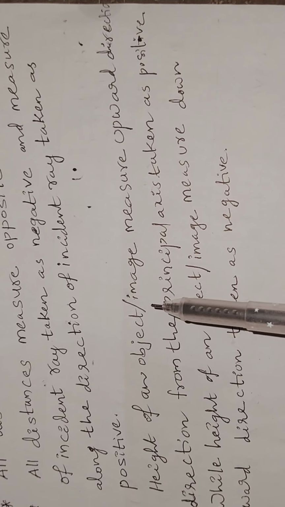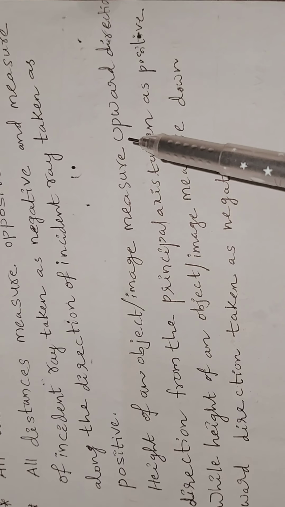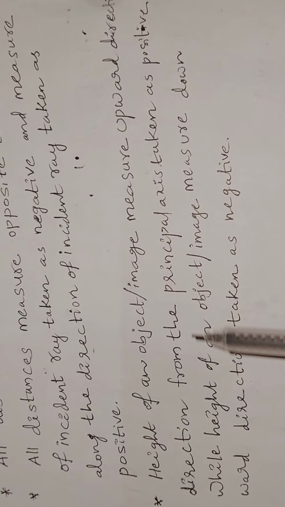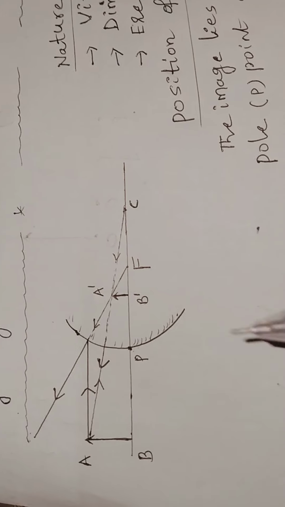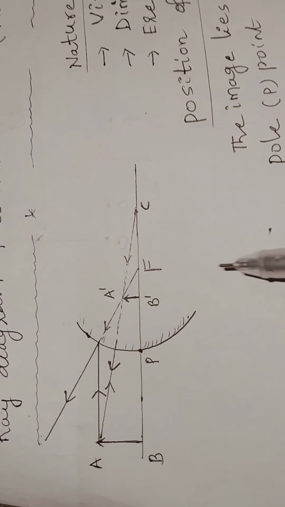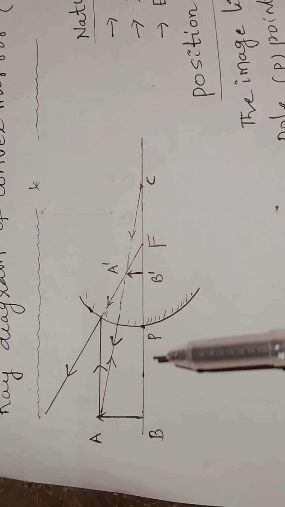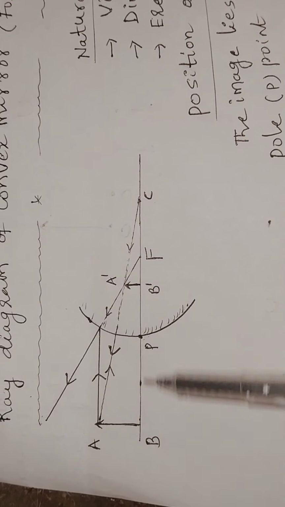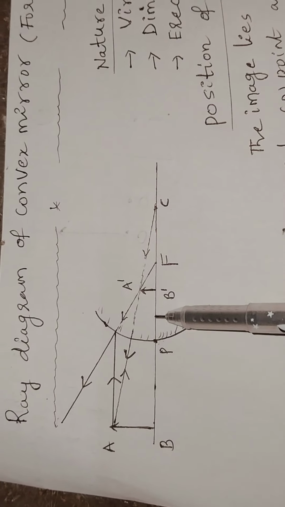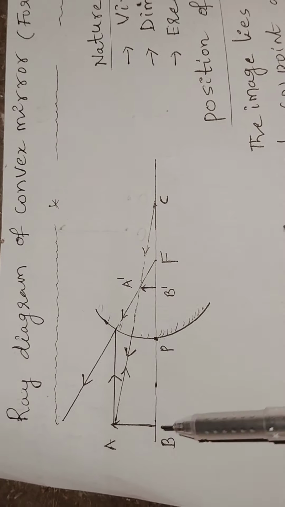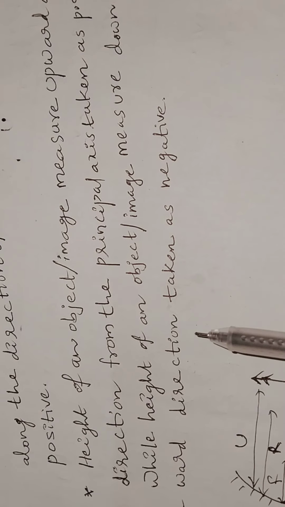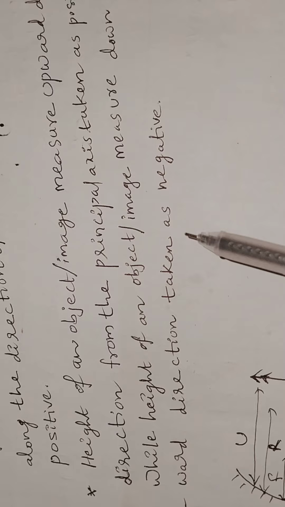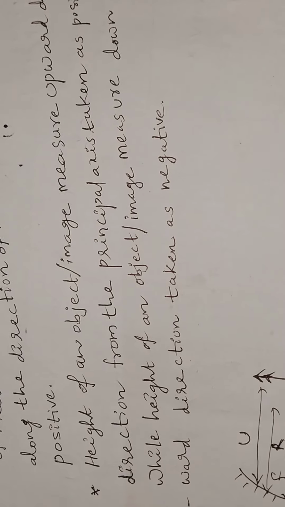Height of an object or image measured in the upward direction from the principal axis is taken as positive. While height of an object or image measured in the downward direction from the axis is taken as negative.